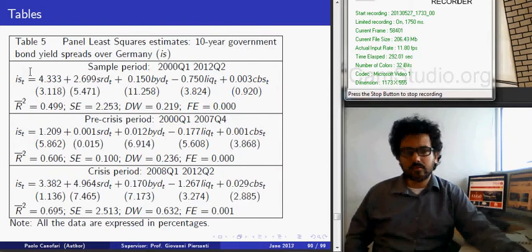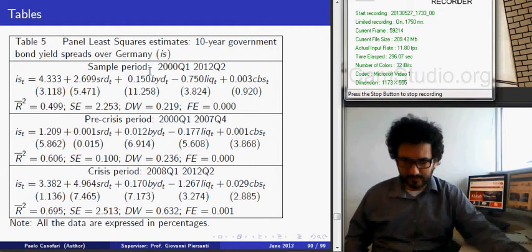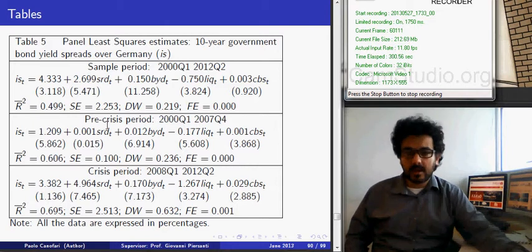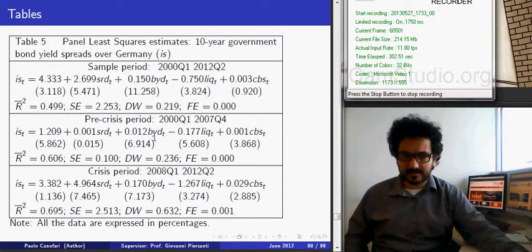Table 5 shows the main results of panel least squares estimations over the whole period 2000-2012, the pre-crisis period between 2000 and 2007, and the post-crisis period between 2008 and 2011. R square is the adjusted R square.